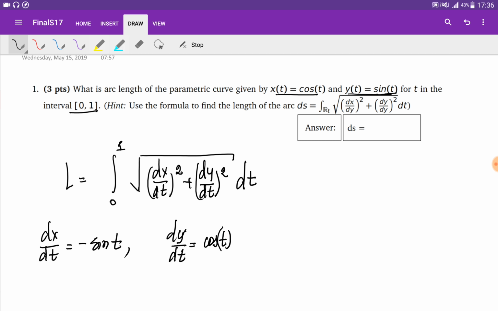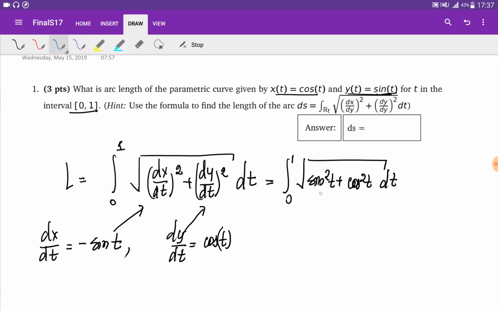So I'm going to substitute: dy dt was the cosine, dx dt was the minus sine, so this formula becomes, from 0 to 1, the square root of sine square of t plus cosine square of t, and this is equal to 1. So sine square plus cosine square of t is equal to 1. So this integration becomes the integration of 1 dt from 0 to 1. So I just evaluate this using the Newton-Leibniz formula. It's going to be t, and we need to evaluate this at 0 and 1. This is going to be equal to simply 1.